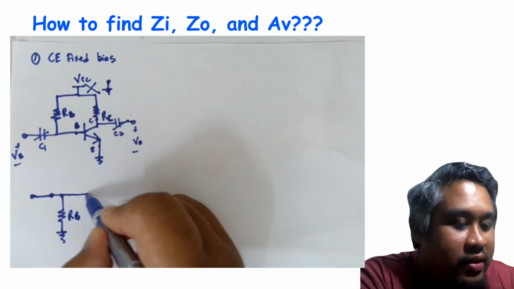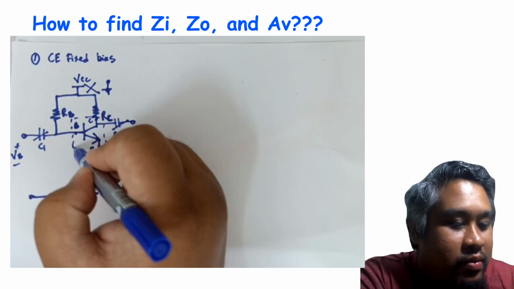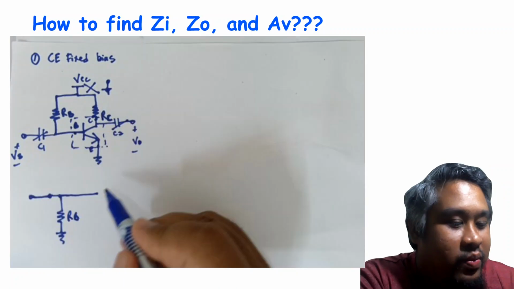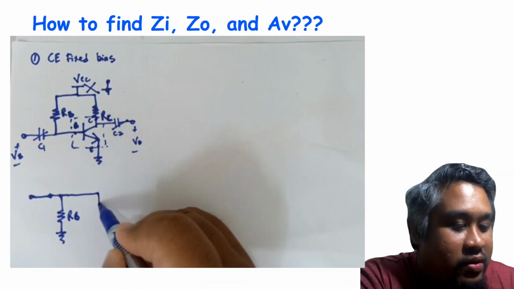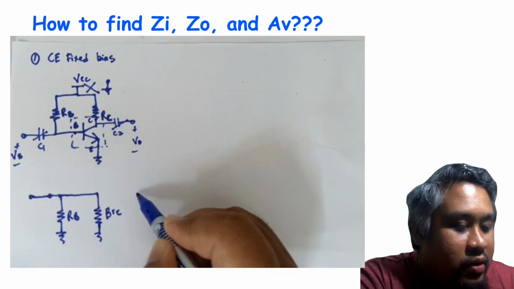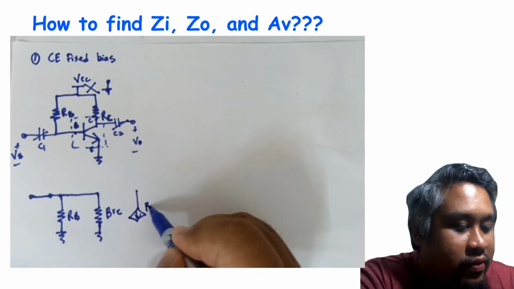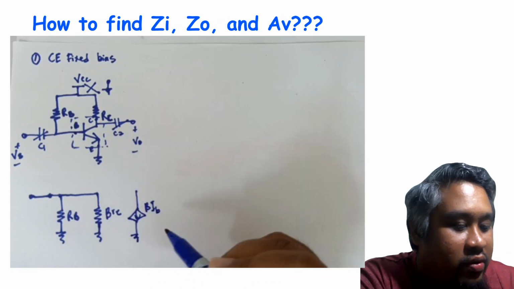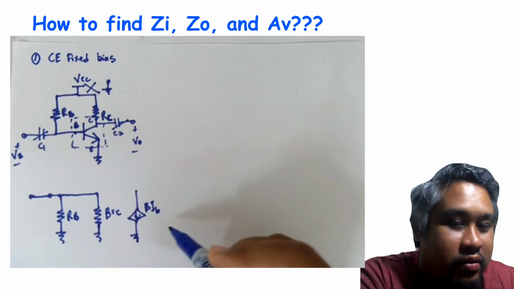What we have next is to draw the re model on this BJT. So what is the re model? As we have learned in the previous video, it consists of beta re and beta IB, all connected to the ground, or we can draw a straight line here.